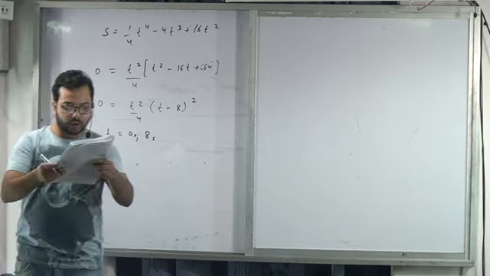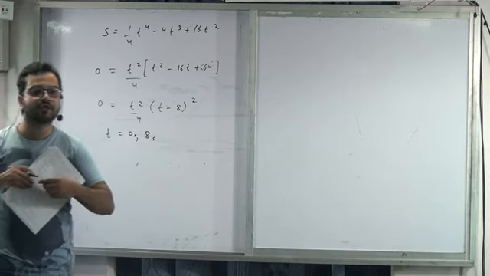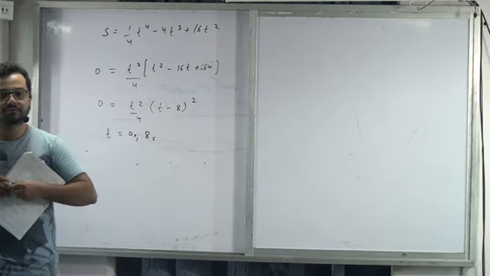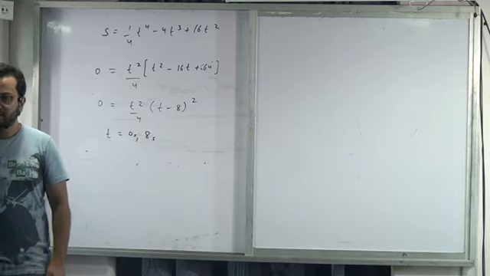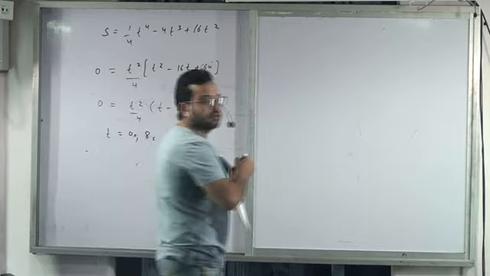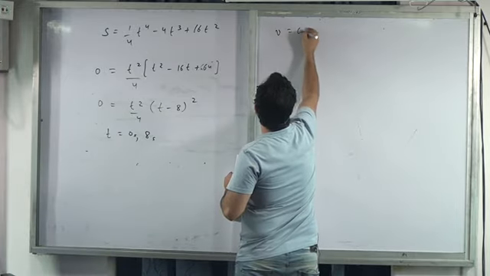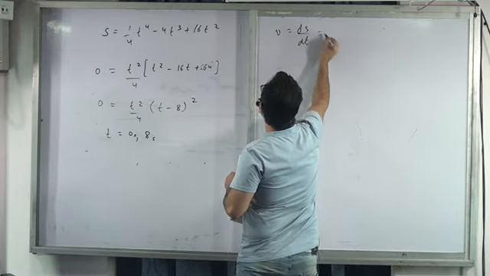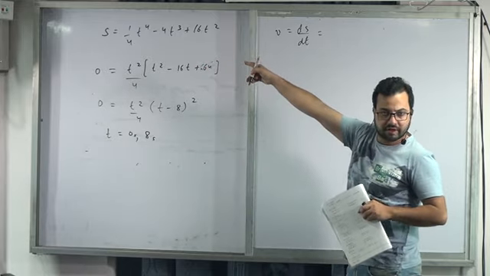Okay, at what times is its velocity equal to 0? How do we find that out? Differentiate it. If the displacement is given to me, how do I find the velocity? I differentiate it. I find ds by dt. Correct?